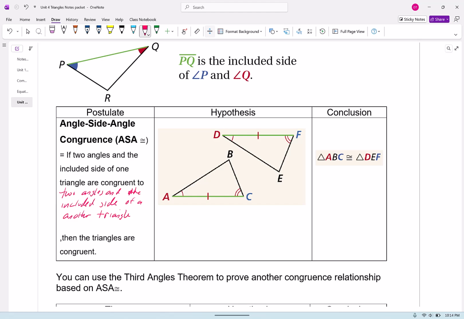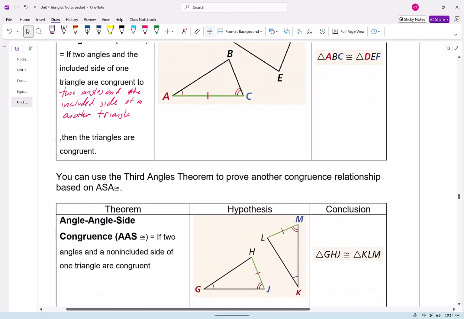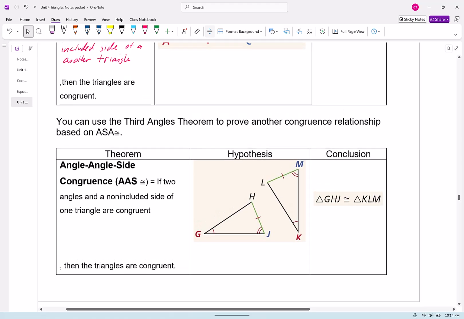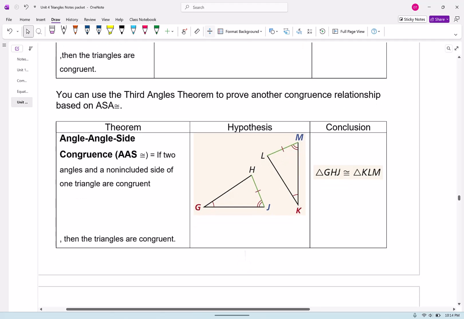All right, so we have this angle, side, angle. All right, you can use the third angle theorem to prove another congruence relationship as well. And so we've seen that one before, but then we got another one here called angle, angle, side.